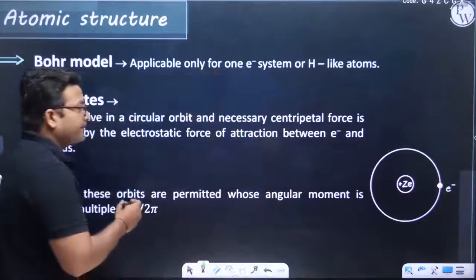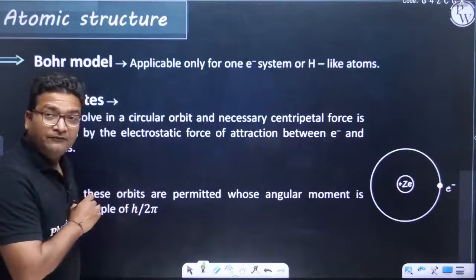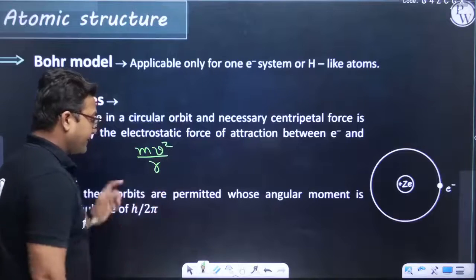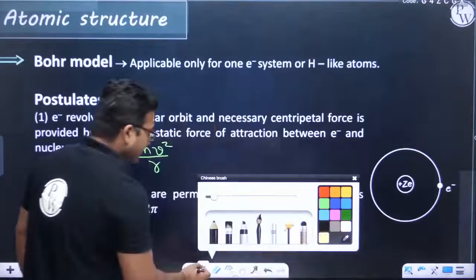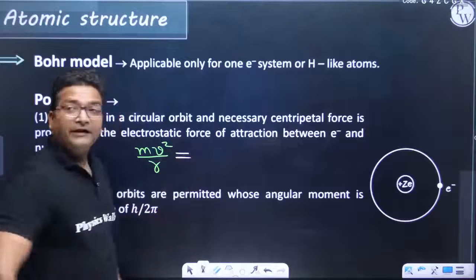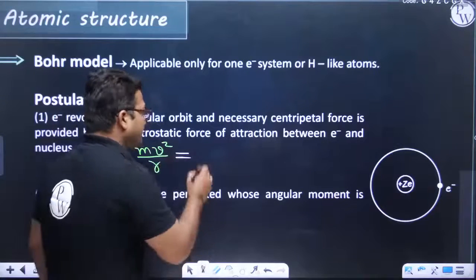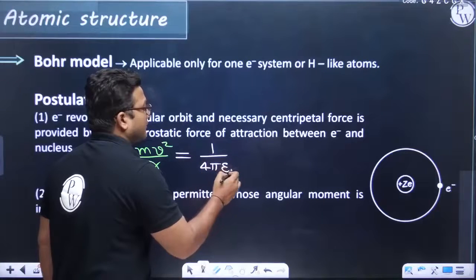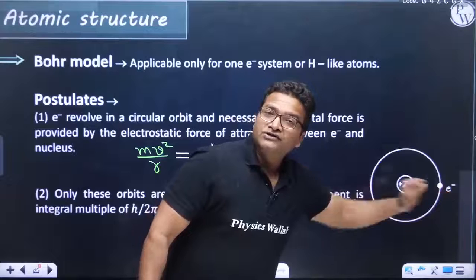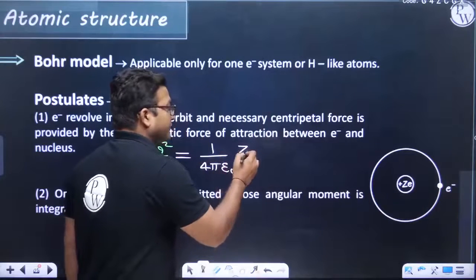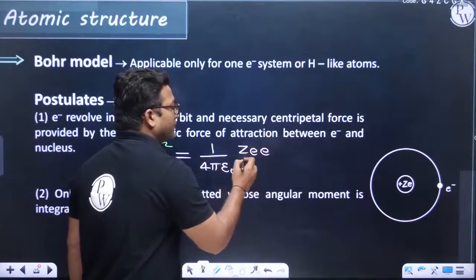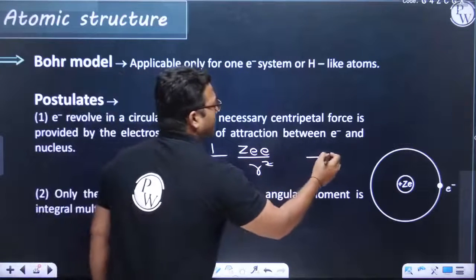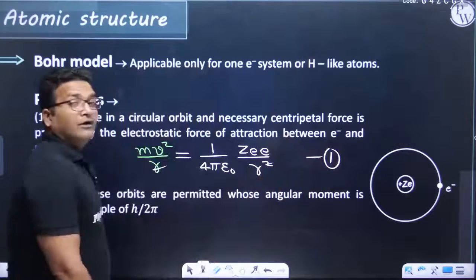So what he said, the required centripetal force, that is m v squared divided by r, where r is the radius, comes from the electrostatic attraction. What is electrostatic attraction? 1 by 4 pi epsilon naught times charge of nucleus times charge of electron. So charge of nucleus is z times e and charge of electron divided by r square. You can cancel one r from here, and that is equation number 1. This is the first equation of Bohr.